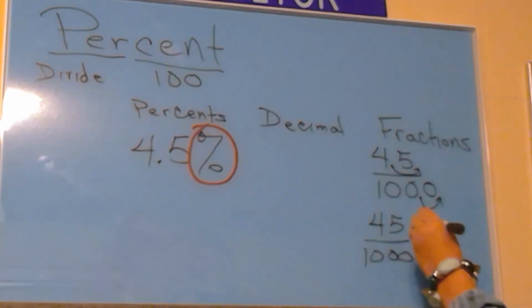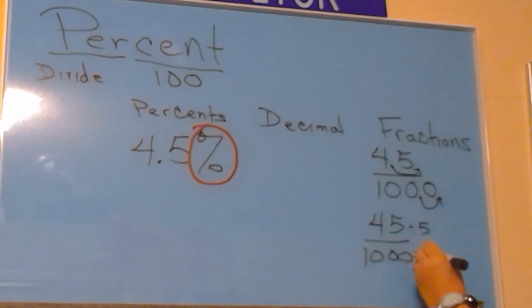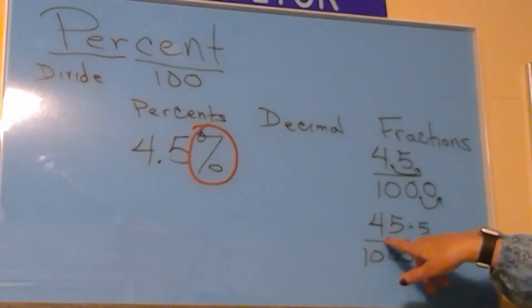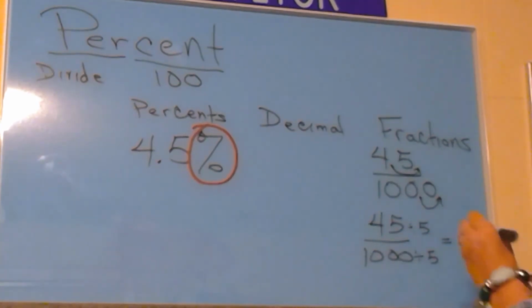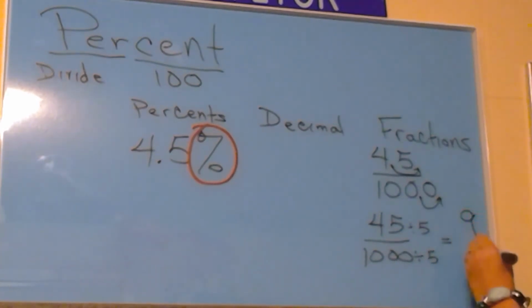Now, I also know that both of these are divisible by 5. That's going to give me, to reduce it, 45 divided by 5 is 9, and 1,000 divided by 5 is 200. And there is no number that will go into 9 and 200. So, that's what we get when we change it to a fraction.